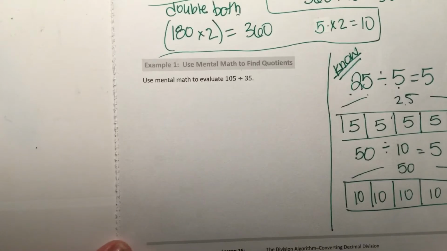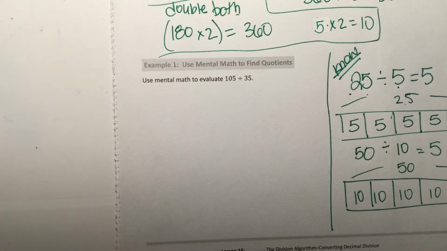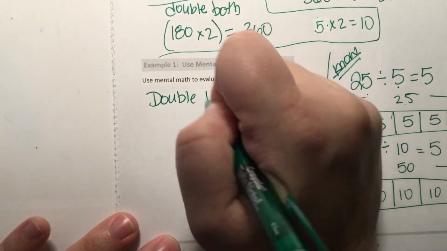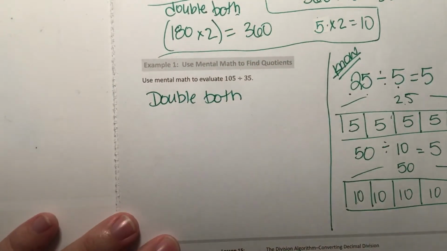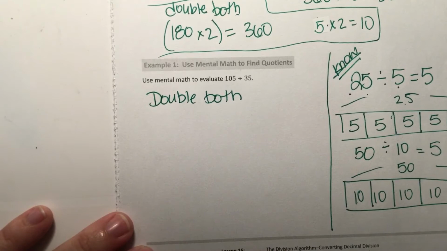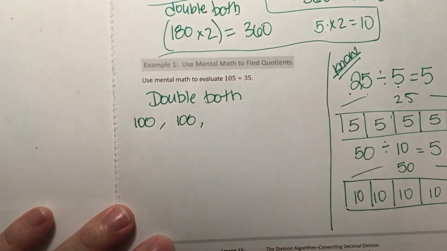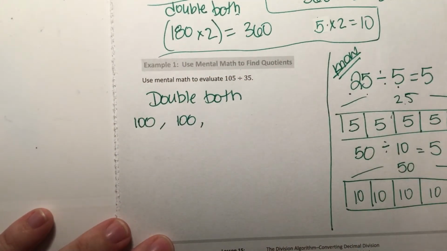Okay, so let's go over here. 105 plus 105, so we're going to double both, right? And they want us to use mental math. So 105 plus 105, I have 2 hundreds and 2 5s. Think of your partial product type things.